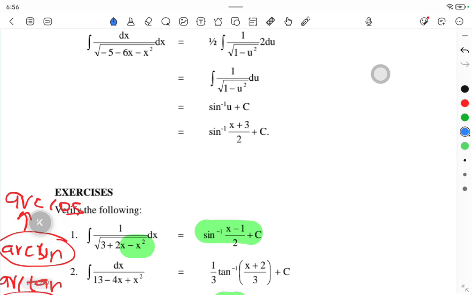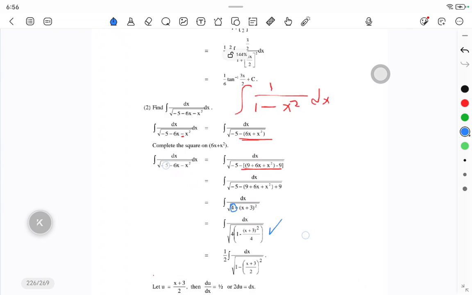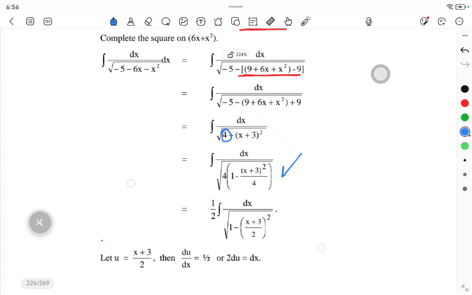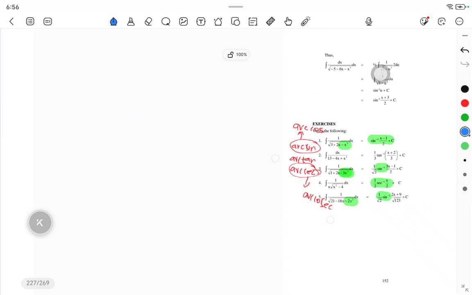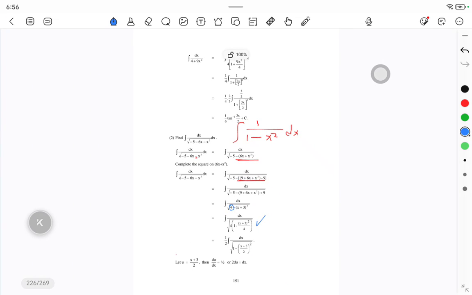So now since we know this, it will be simple for us to work around it. Without using this substitution here, this is what we're going to get, right?